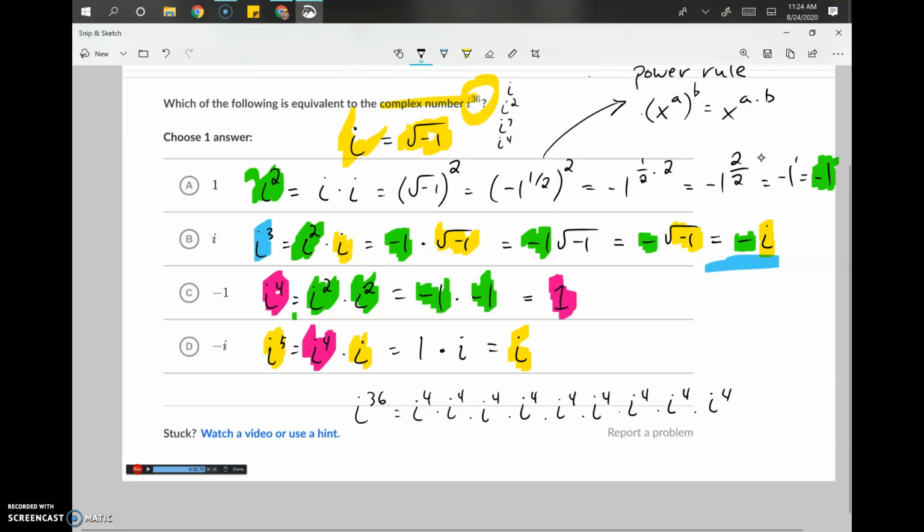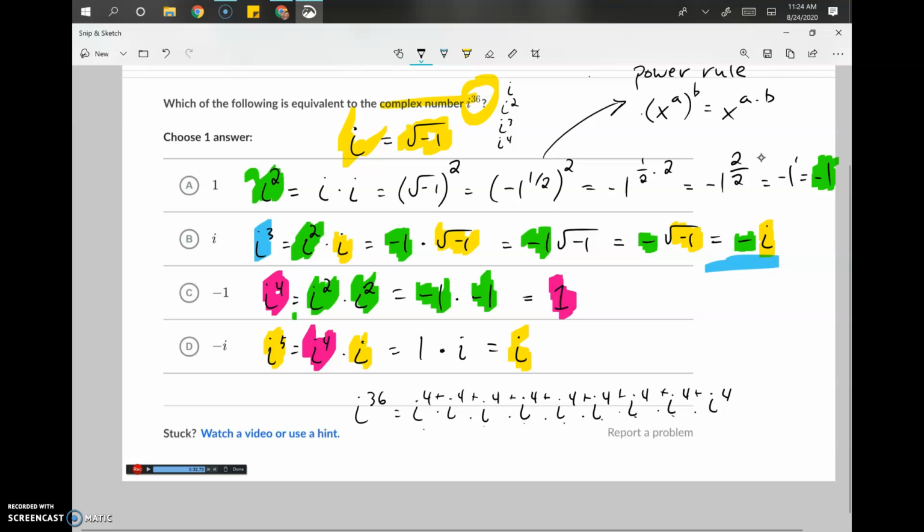So we can rewrite this as i to the fourth times itself 9 times, because 4 plus 4 plus 4 plus 4 plus 4 plus 4 plus 4 plus 4 plus 4 is going to give us i to the 36th power.